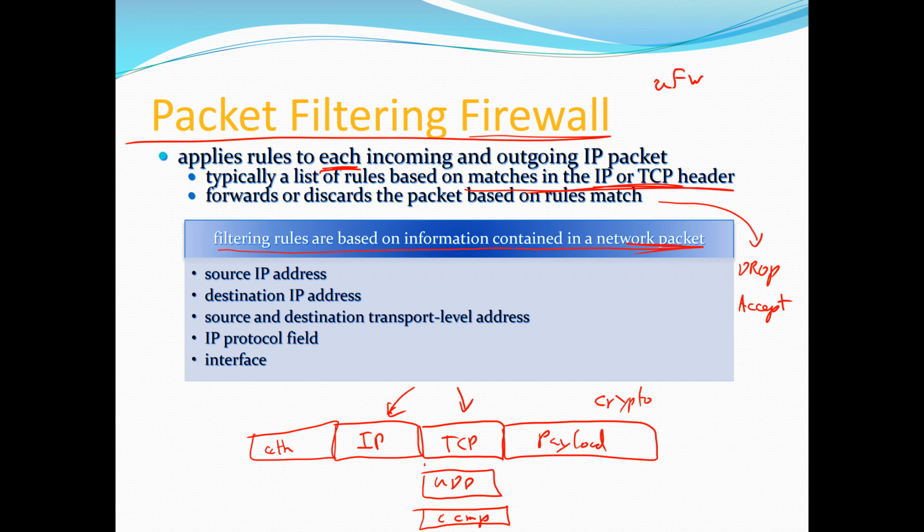If something is encrypted, you can't really look at it, and the firewall will not be able to look at it. But it usually focuses on things like IP addresses, source and destination, transport level protocols, IP protocols, and so on, the interface, etc.